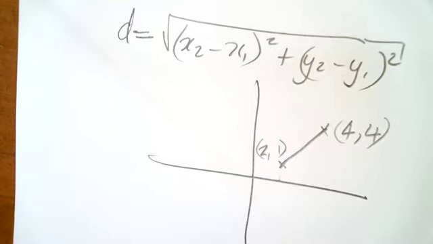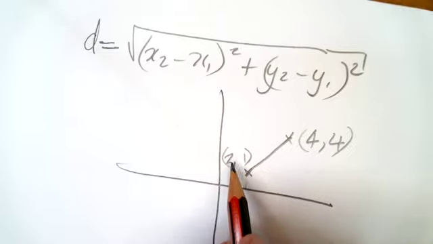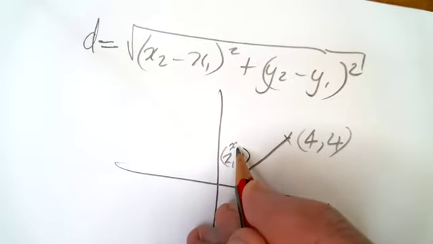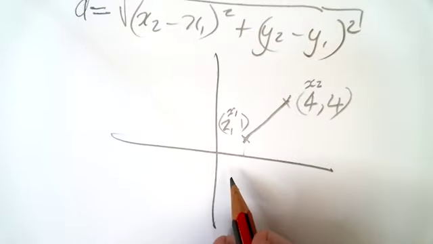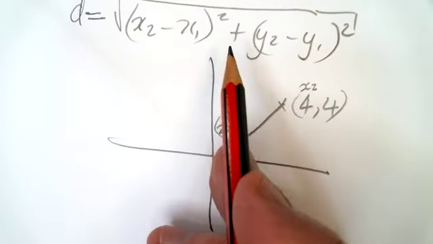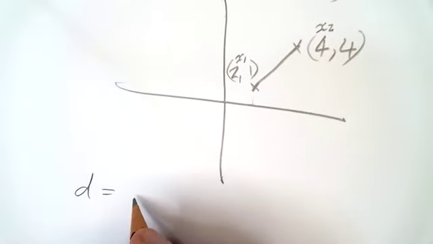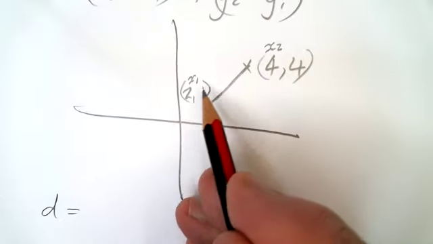So the first thing I'm going to do is to designate either these as x1, x2, or y1, y2. So this one here I'm going to call x1. Doesn't matter which one I call x1. And this is going to be my x2. So let's start to populate this with that information. We've got d is equal to x2 minus x1. So x2, that's going to be 4 minus 2.